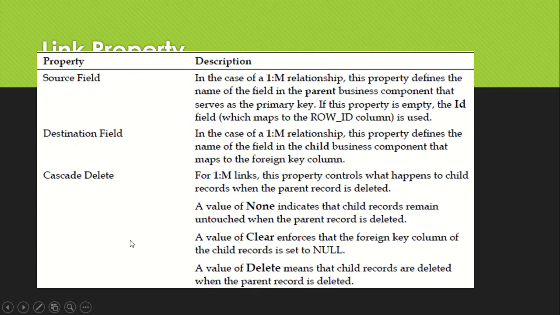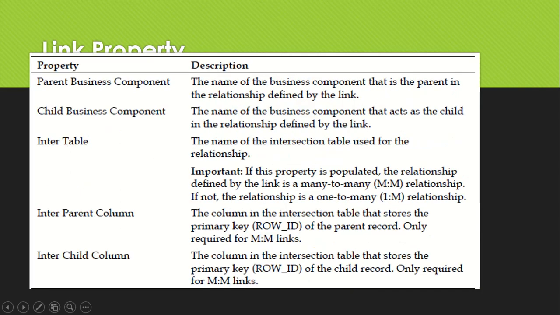Now for 1 is to M, we have source field and destination field. So if it is 1 is to M, then parent BC, child BC, source field, destination field. If it is M is to M, then parent BC, child BC, intersection table, inter parent column, inter child column.